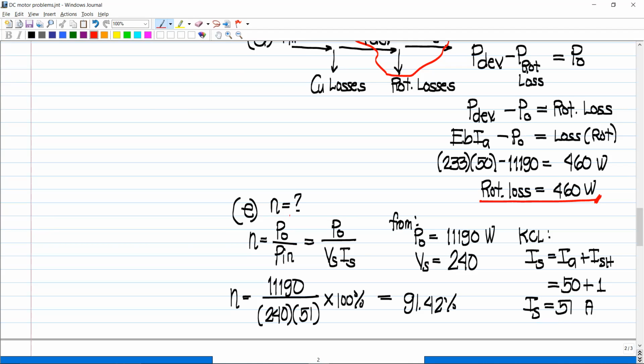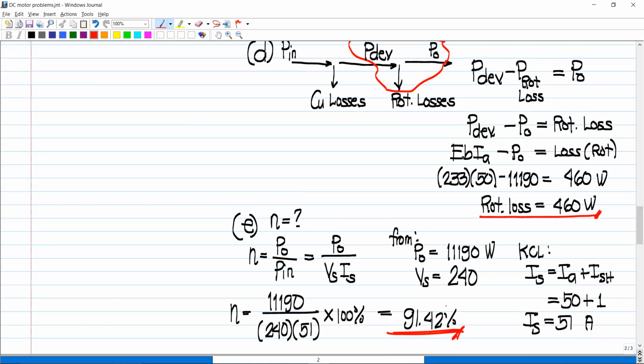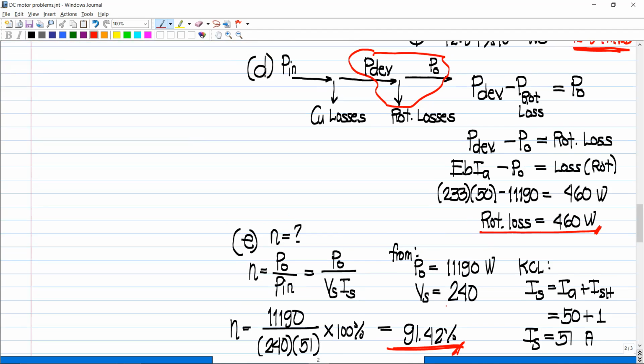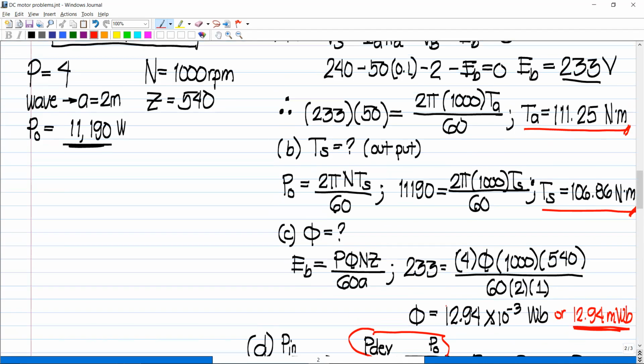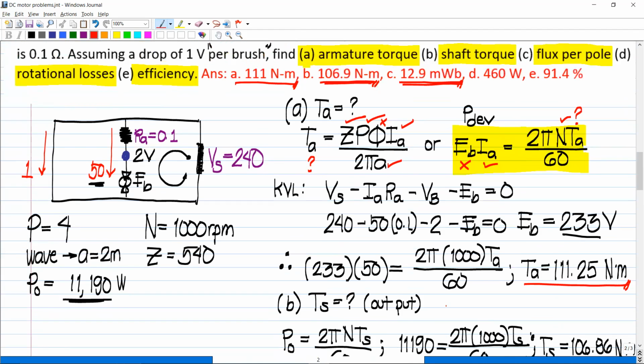91.42%. So let us now check if letter D and letter E are correct, the only ones we have not checked. They are 460 and 91.42. In our key answer, 460 and 91.4%.